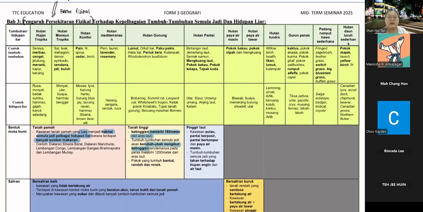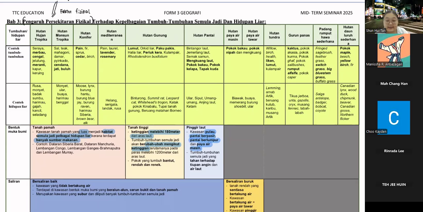Now, any other landscape we have? Pinggir laut. So you have to depend on the question to answer. Let's say they ask pinggir laut yang berpulau, or yang pantai berpasir, pantai berlumpur, or pinggir laut yang mempunyai paya air masin.